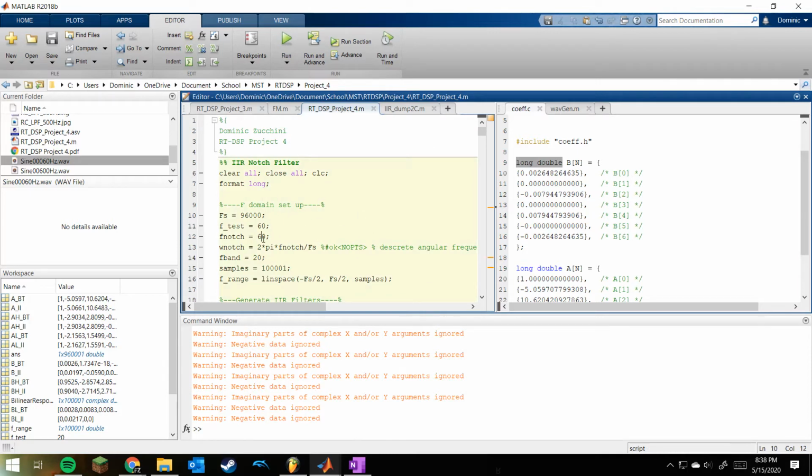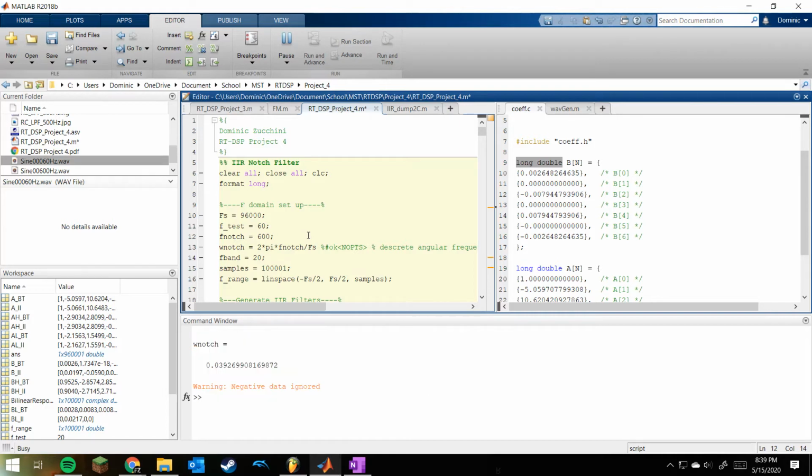So just for testing purposes, I want to do something that we can actually hear over my crappy audio. So we'll have a notch frequency of 60 and a bandwidth of 20. So let's go ahead and run through everything here.